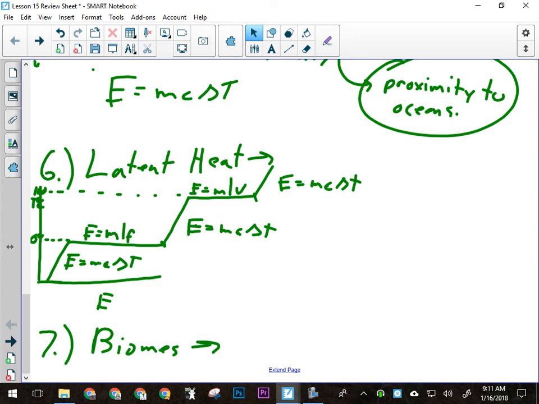And don't forget about the water cycle as well, guys, because we talked about that briefly as well.